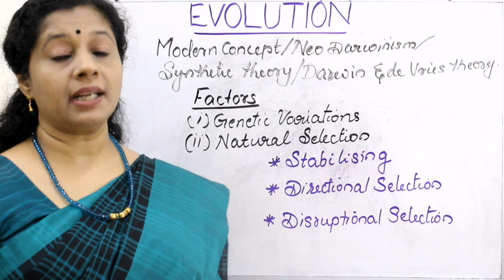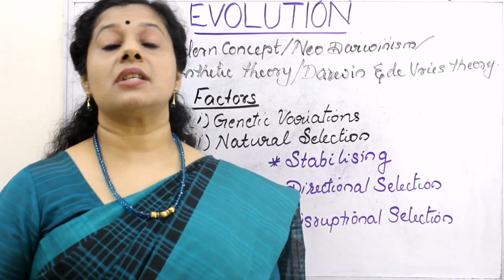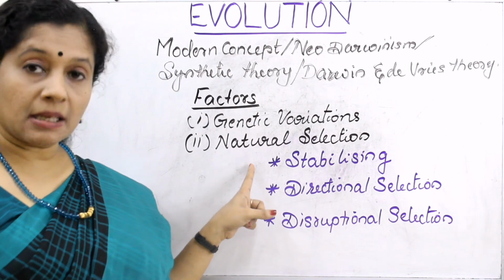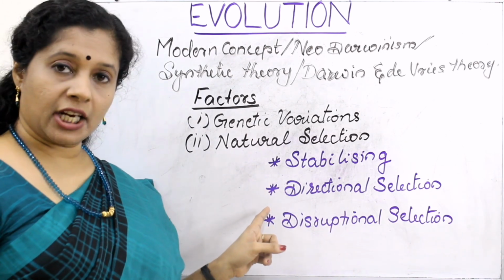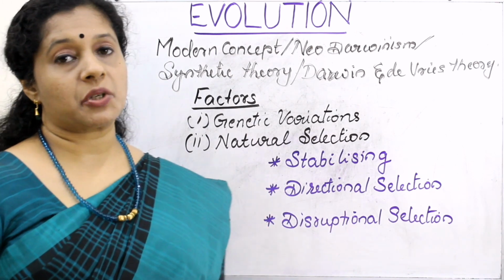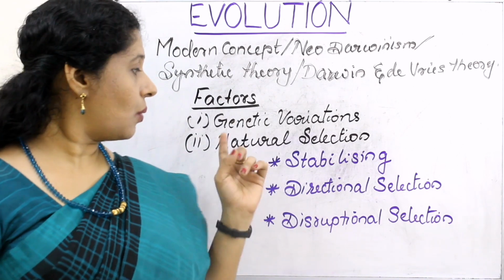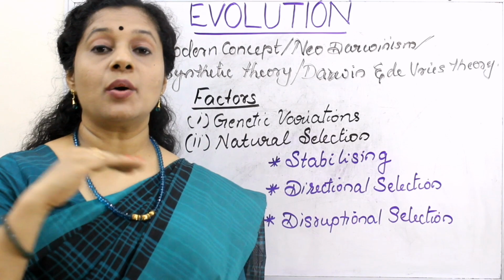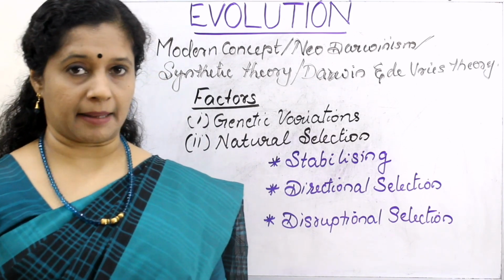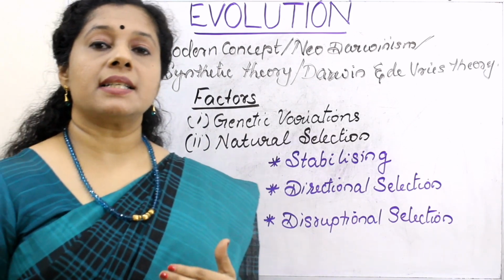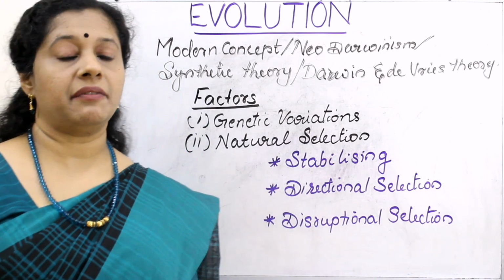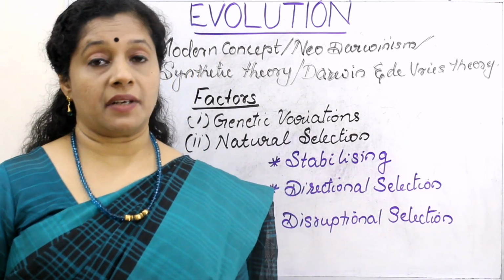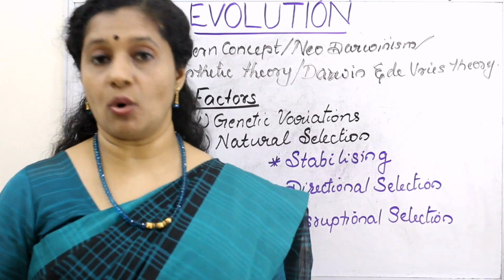This is very important. There are three ways in which natural selection operates in nature. The first is stabilizing, second, directional selection, third, disruptive selection. So what is stabilizing? From the word itself, stable means it is unwavering, some stability is there. If you are considering any population or different phenotypes, we know that there are extreme phenotypes and a median phenotype also.